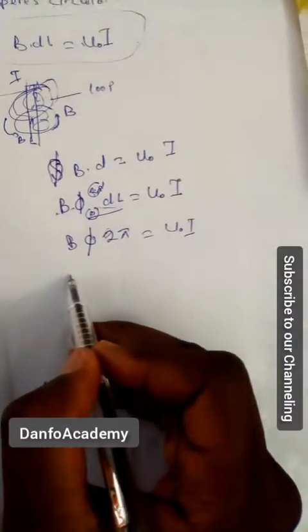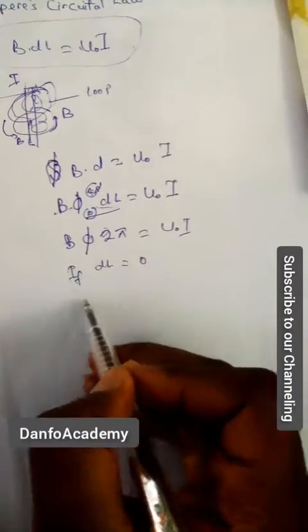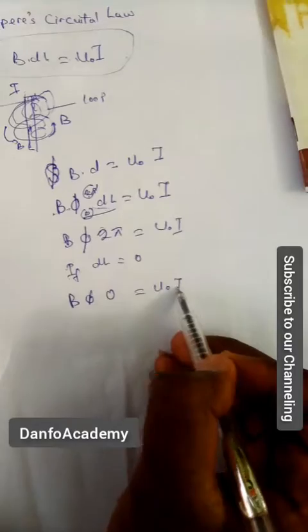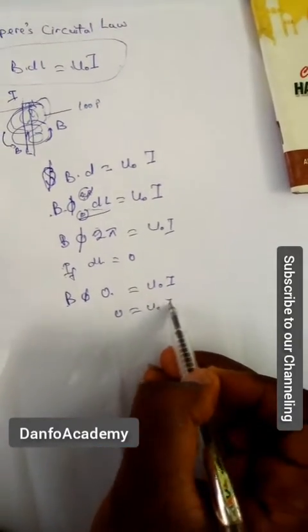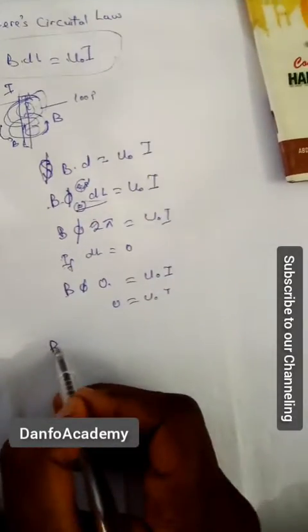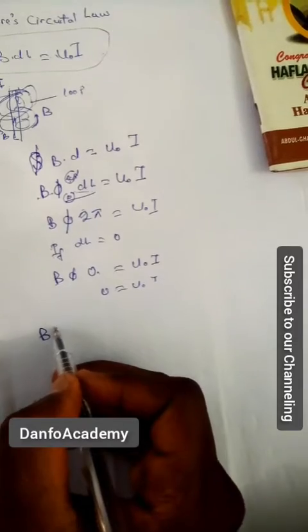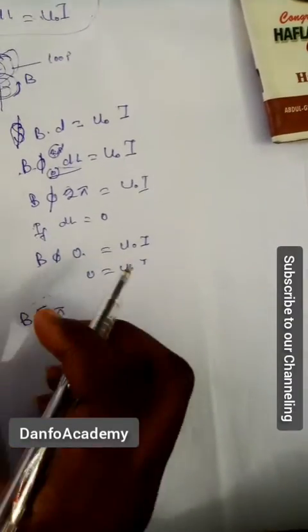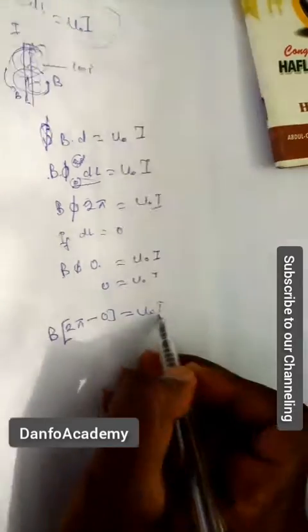If the L equals 0, then it's going to be like this, multiplying 0 equals μ0I. Then you subtract it from here. This will be B into, whenever you integrate, the sign of the integral will change. You write your 2π here. So now you subtract this from this, minus 0 equals what? μ0I.